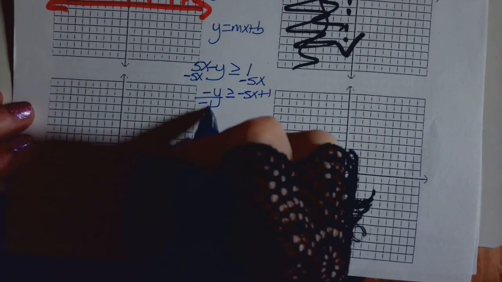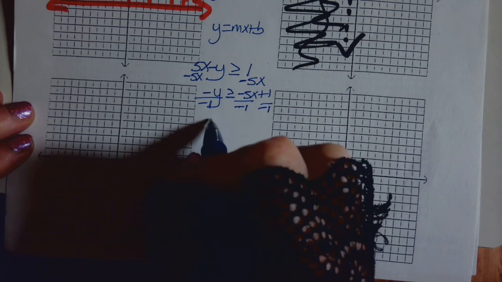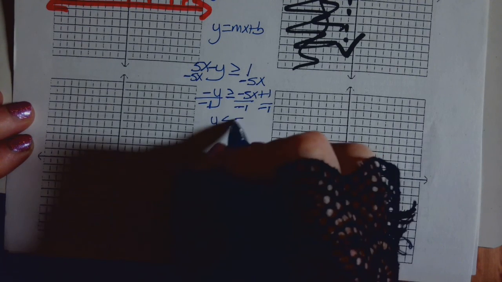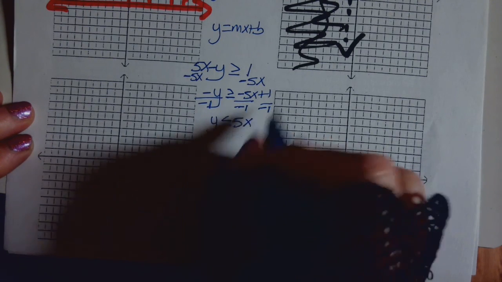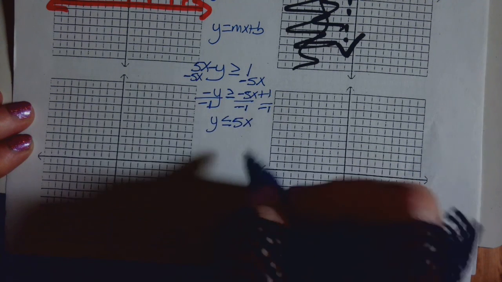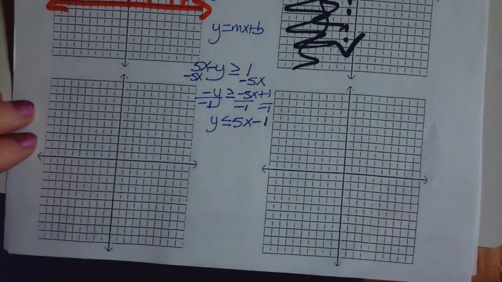I'm dividing by a negative 1, so flip the inequality and do 5x. Negative 5 divided by negative 1 is a positive 5, and plus 1 divided by negative 1 is minus 1.